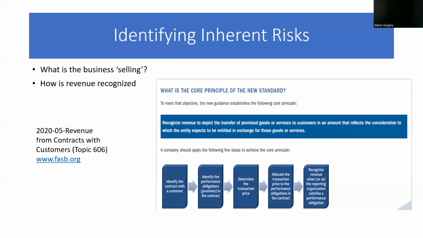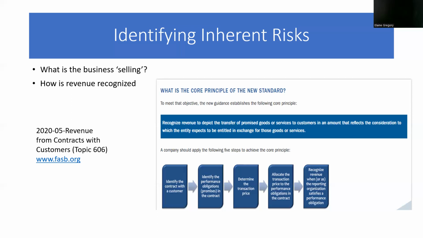And we're now starting to see, 4 years later, the fruition of the effect of the changes in the revenue standards. But you have to understand the revenue standards in order to determine if you have risks anywhere within the process. For example, it's a 5-step process to achieve revenue in our system.